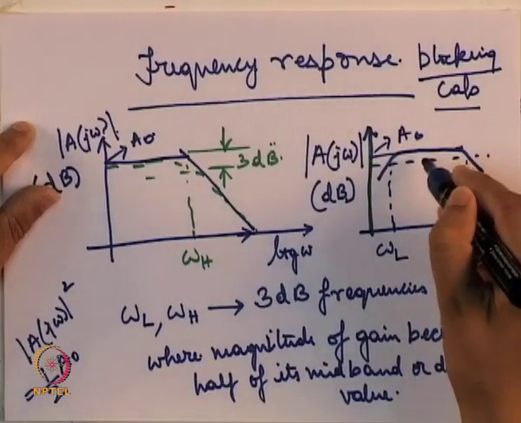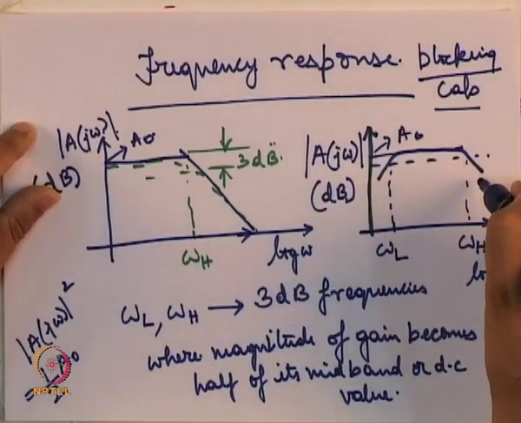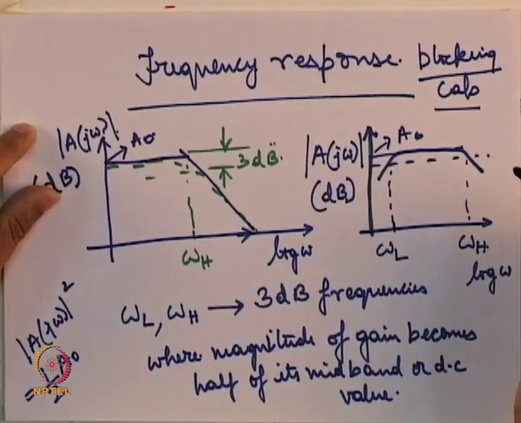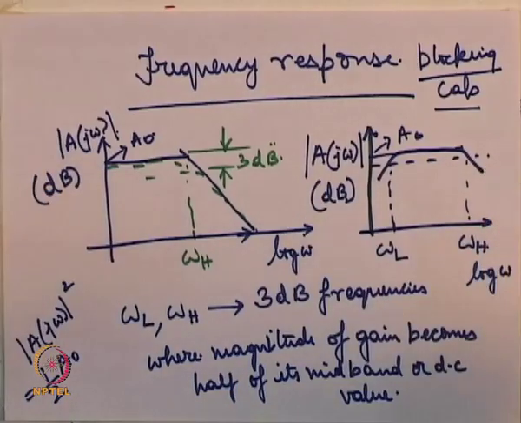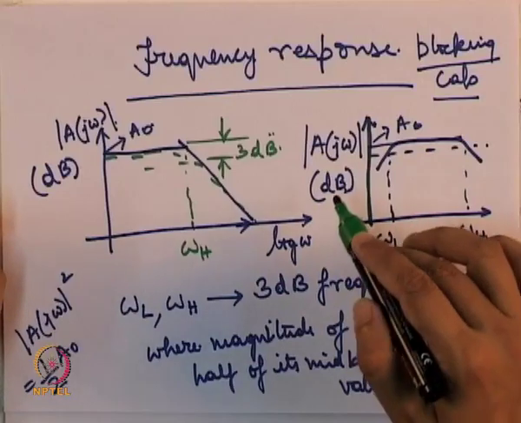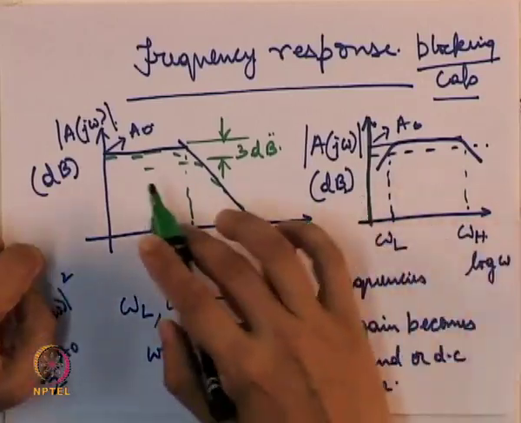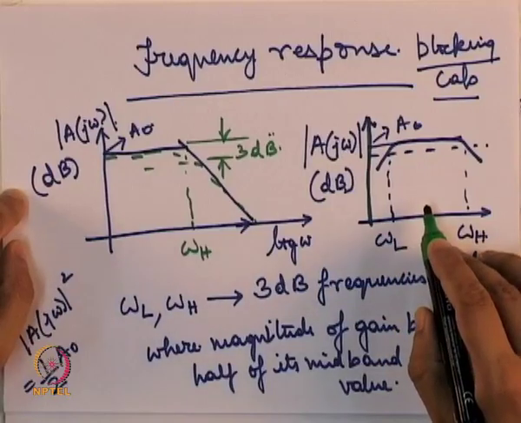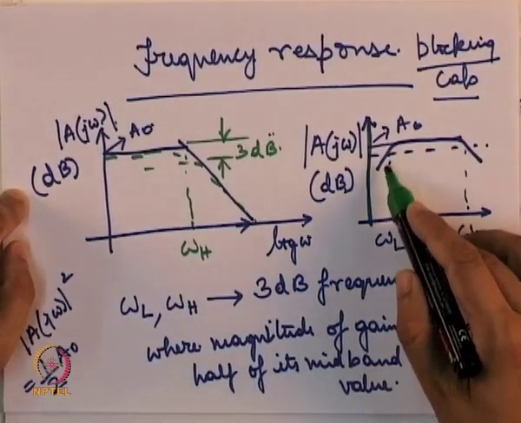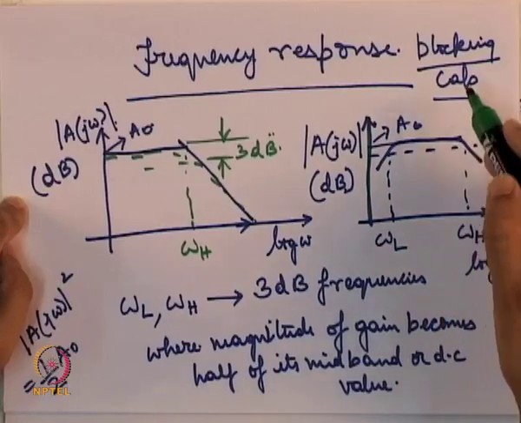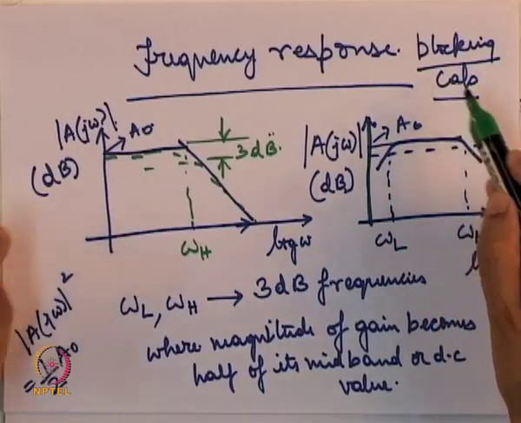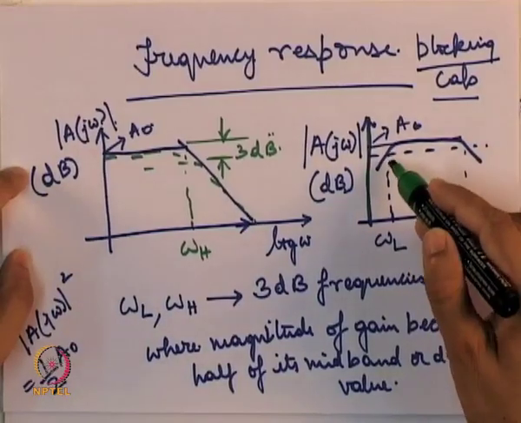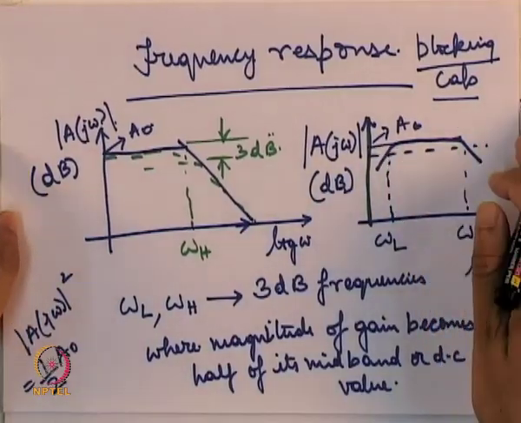So, there is only a mid band gain, there is no DC gain, and for very high frequencies also the gain decreases. So the response can be of this type or of this type, and for this type usually a blocking capacitor is present, which does not allow the DC to pass through.